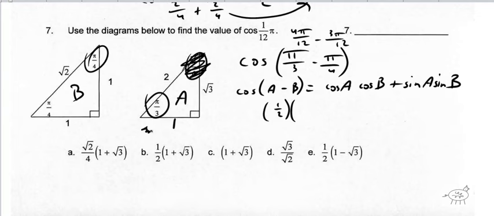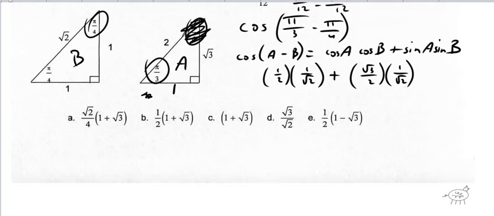Let me put the 1 here, it's a little cleaner. Cosine of b is adjacent over hypotenuse, so 1 over root 2. Plus sine of a, root 3 over 2. And sine of b, which is 1 over root 2.